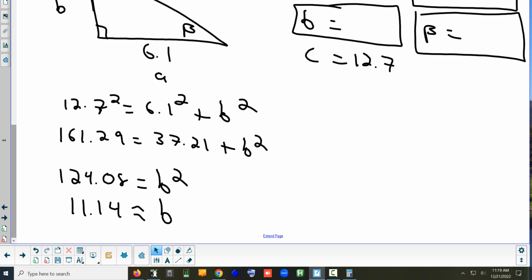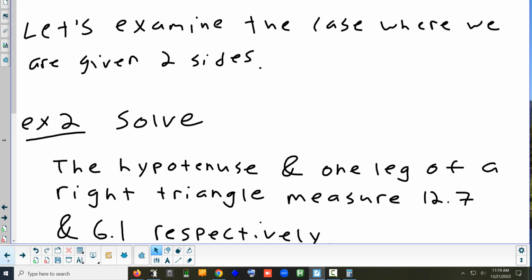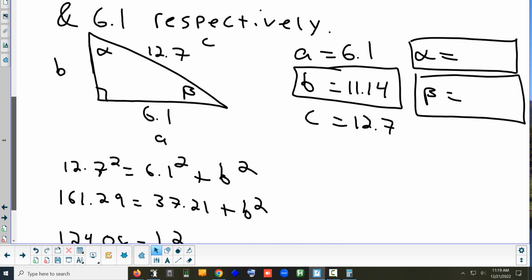Any question on B? Okay, so we got B. Now, we can't add the angles up and subtract from 180 to get alpha and beta because we don't have either one of them. So let's say we want to do beta first.